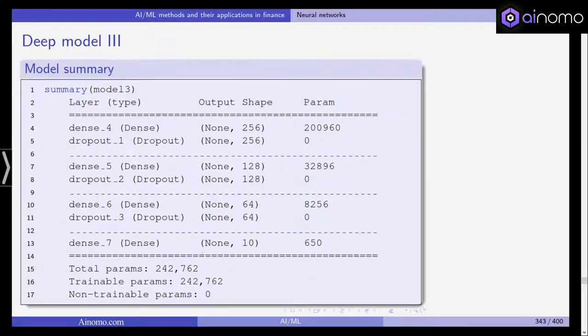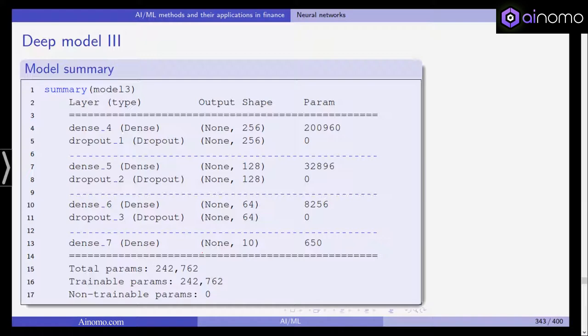This is the summary. Actually, with the multi-layer perceptron, we now have 243,000 parameters. All of these are trainable, and as you can see, interestingly, in comparison to the single layer perceptron from before, the number of parameters doesn't increase that extremely when adding a second and a third hidden layer.